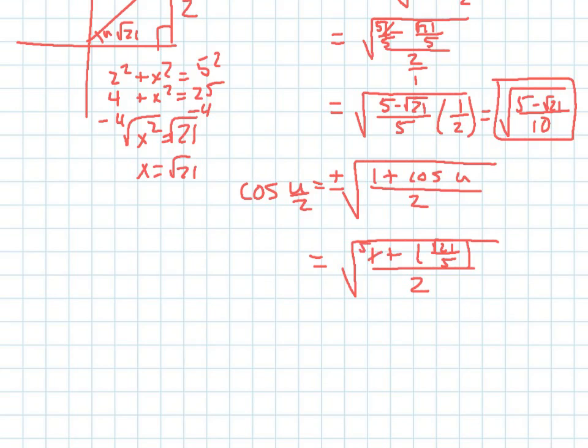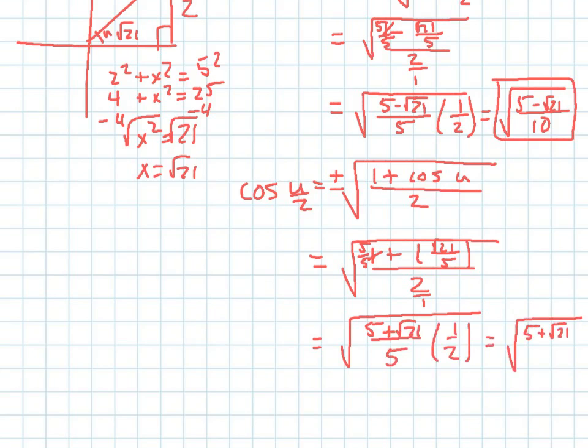Make common denominators, just like we did in the last one. So you get 5. You can multiply by the reciprocal as well. So 5 plus square root of 21 over 5 times 1/2 gives you square root of 5 plus square root of 21 over 10.